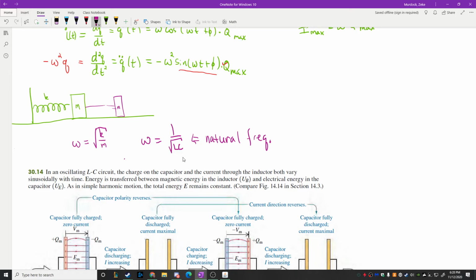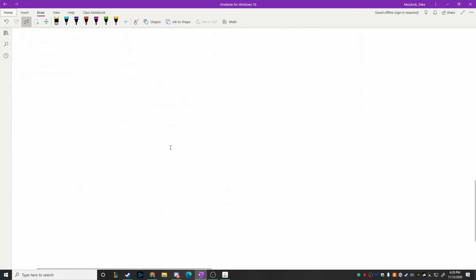All right, and the way that works is pretty straightforward, I guess. Imagine that you have one circuit right here, and in your circuit you have an LC circuit, right?